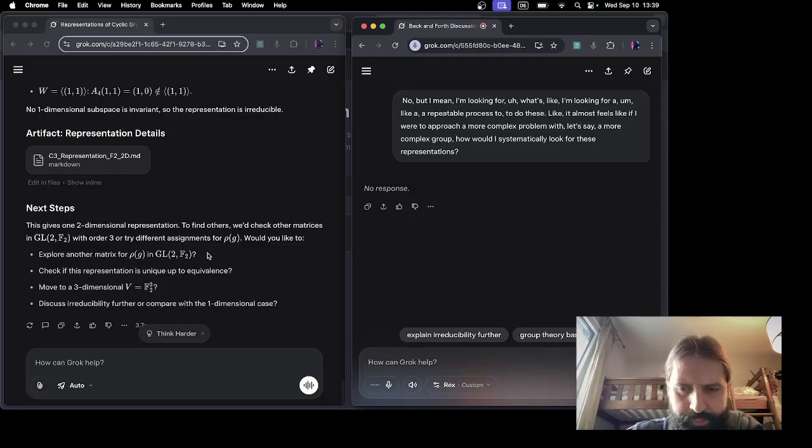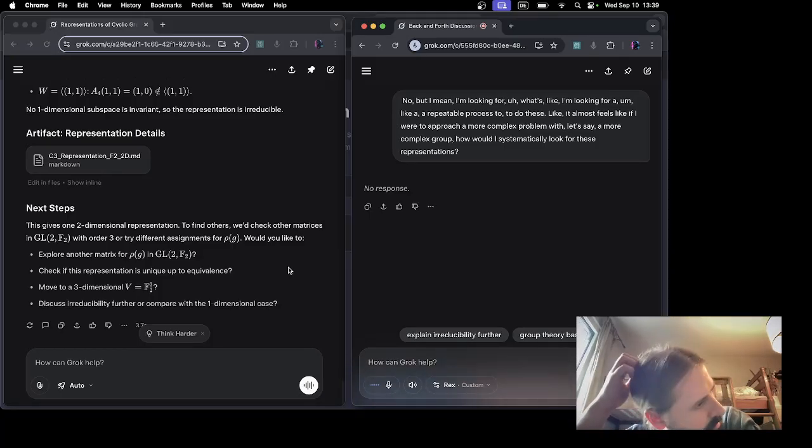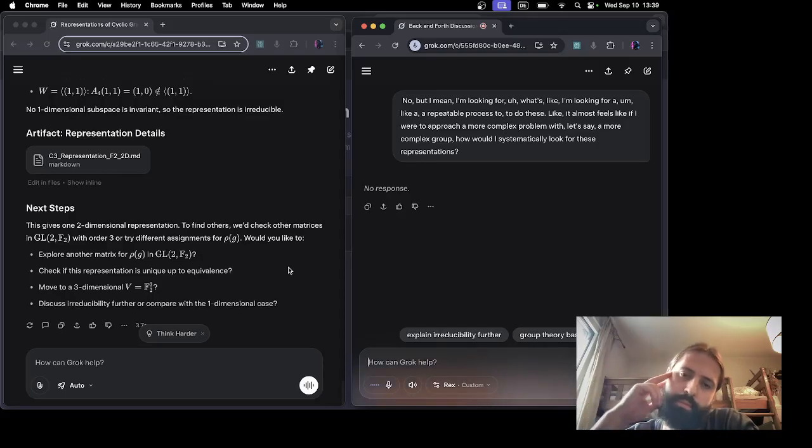Cool. Repeatability's key, like a recipe. Here's the systematic drill. First, the character table, if the group is finite. Crunch the conjugacy classes, sizes, centralizers. Then compute the class functions that are orthogonal to the others. That's your irreps, and it gives dimensions too. The sum of squares hits the group order. Once you've got those, test reps.